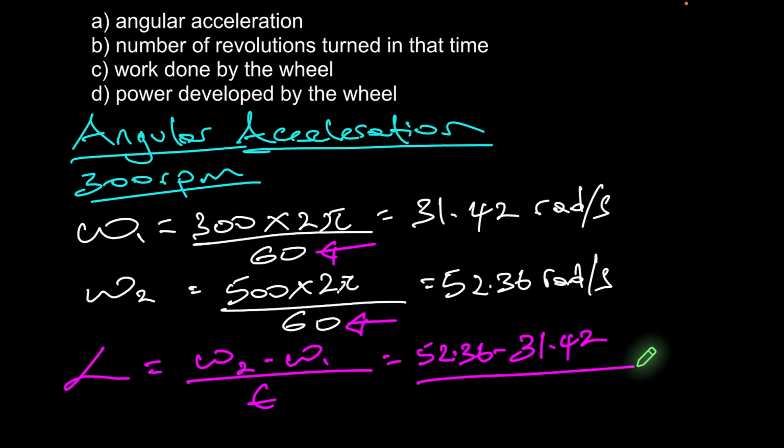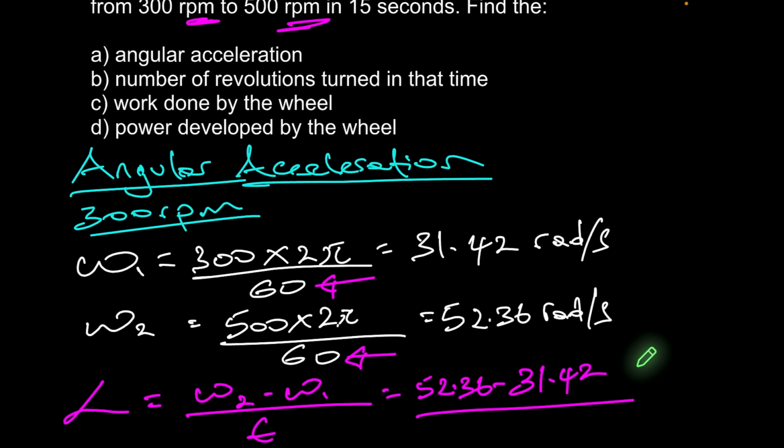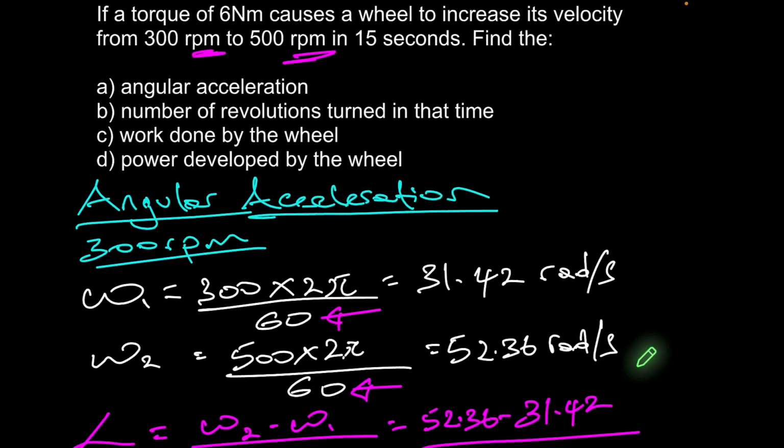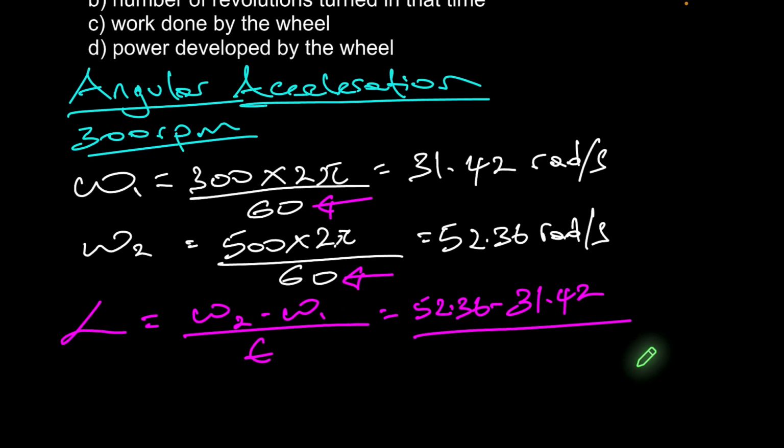Now the time all of that happened in, if we take a look here, was 15 seconds. So we just divide that by 15. And that will give us our angular acceleration, which is 1.40, and that's going to be radians per second squared. So that's our angular acceleration there.